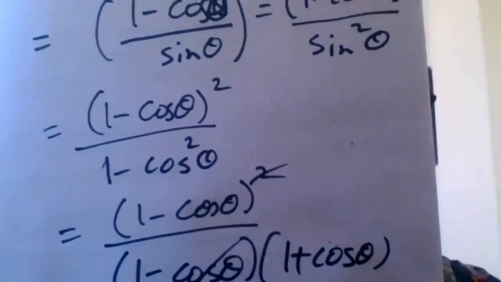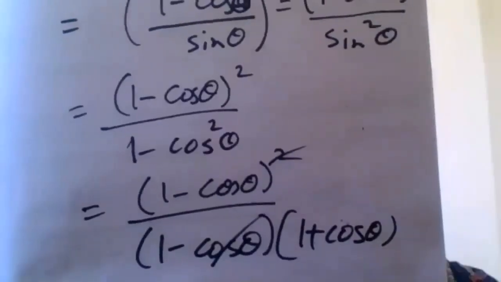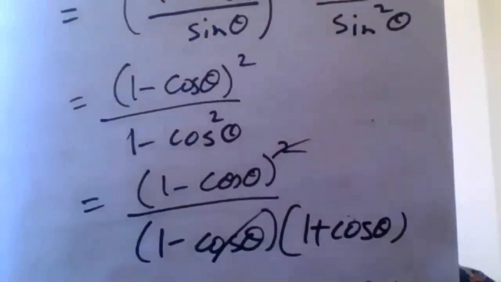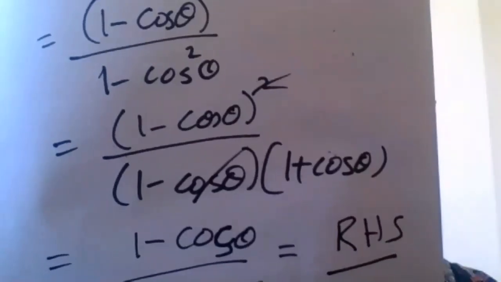Now going ahead, we are going to the third step. The third step is (1 minus cos theta) whole square divided by 1 minus cos square theta. Moving further, the denominator is in the form of a square minus b square.